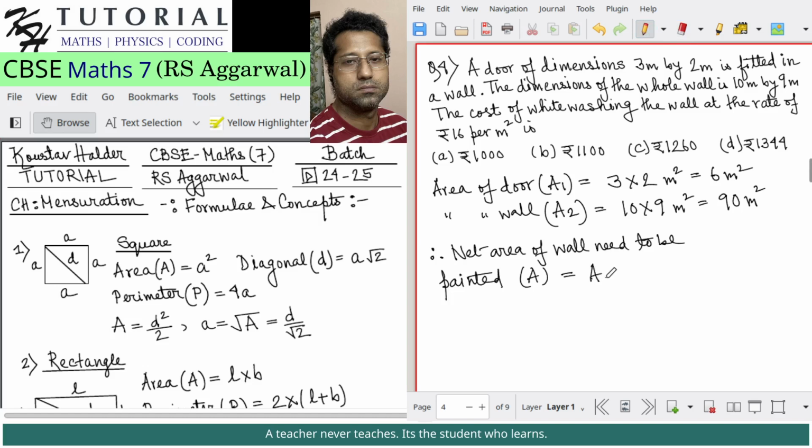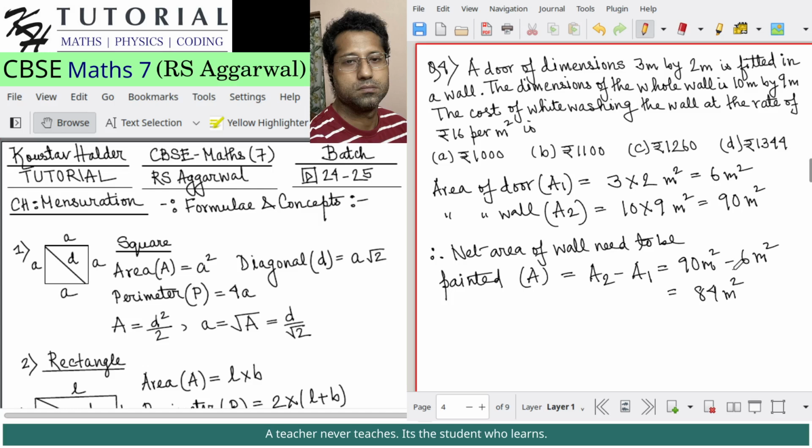It will be A2 minus A1, which is 90 meter square minus 6 meter square. This is 84 meter square is the net area of the wall that need to be painted.